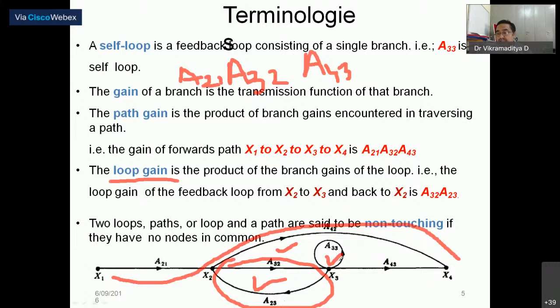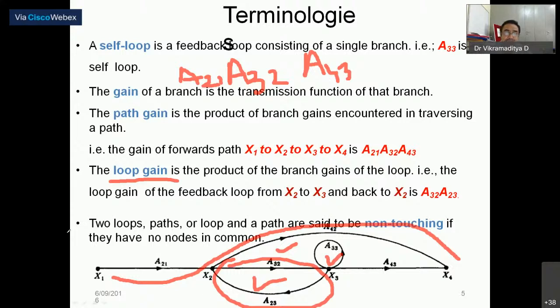So A33 is the loop gain of this self loop emerging from x3 and terminating at x3 only. So it is very clear how to find the path gain or forward path gain, whatever term you use. And the second is the loop gain, which is nothing but the product of the branch gains of the loop.